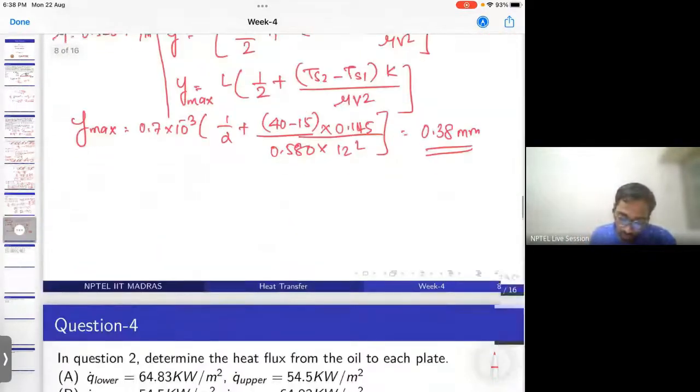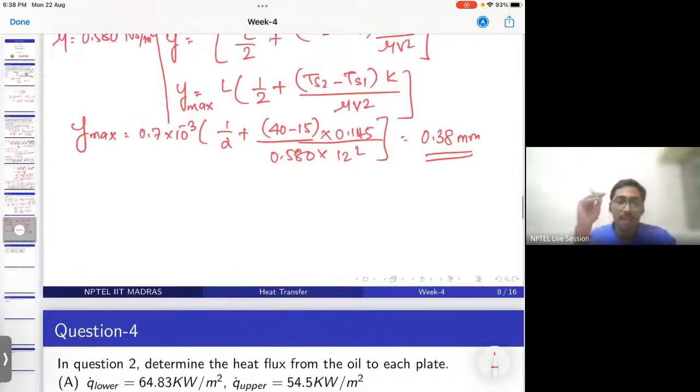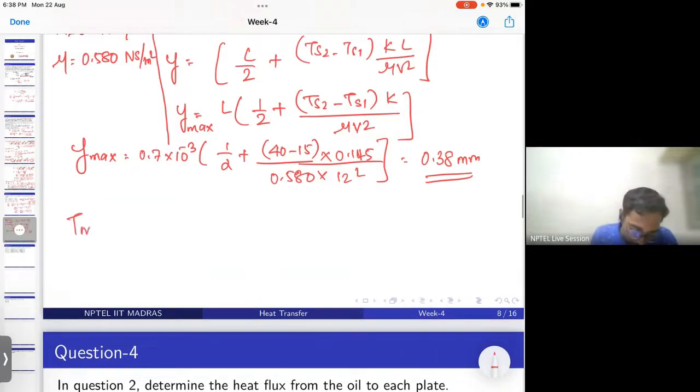From the bottom plate, at a distance of 0.38 mm, we have the maximum temperature location. Next we want to find out what Tmax is.